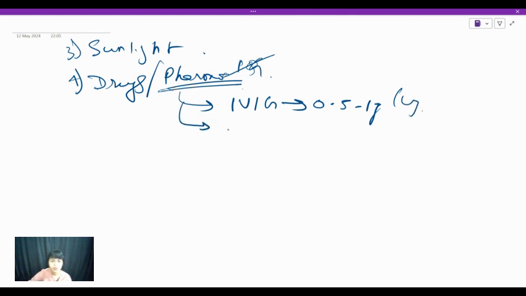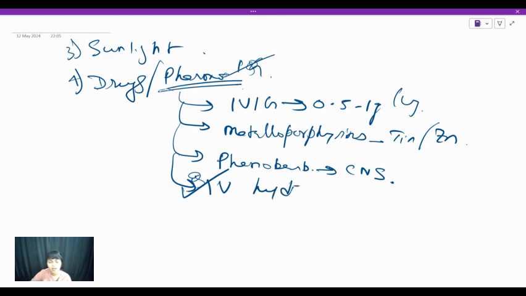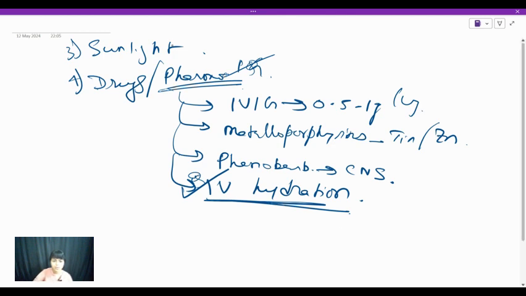Okay, there is something called metalloporphyrins, you may give tin or zinc metalloporphyrins. Okay, and some rare drugs, phenobarbital. It's given in Crigler-Najjar syndrome. Okay, and very important, this you have to mention, IV hydration. This is very, very important. Okay, so this is all about the treatment of neonatal jaundice.